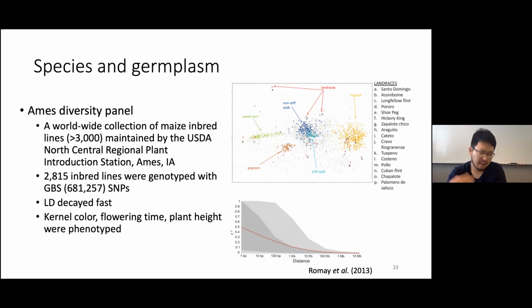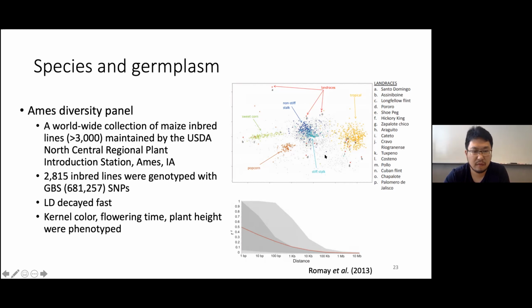When you consider your own experiment, will you have the resources and the time to grow all these 3,000 lines and phenotype them? Because this is a huge panel, and it has a crazy population structure.